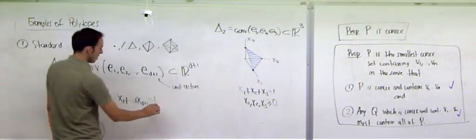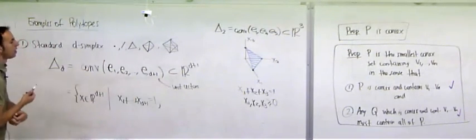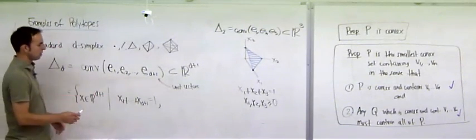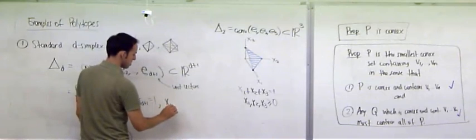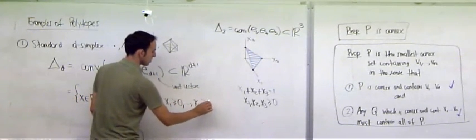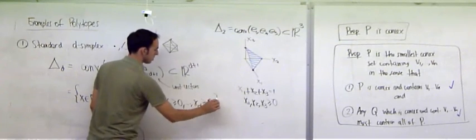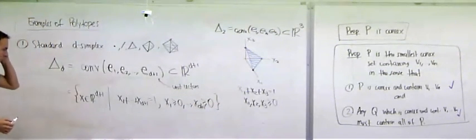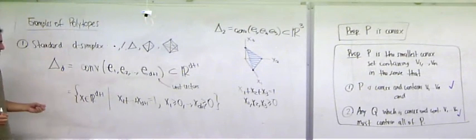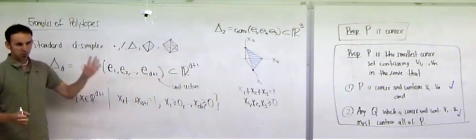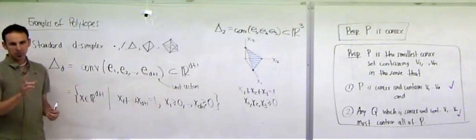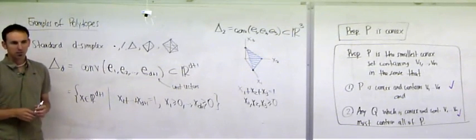The same holds true here: a different way of describing the standard simplex is by saying you have to be on this special plane where the sum of the coordinates is 1, and then you have to be in the positive orthant, is what they call it in higher dimensions.